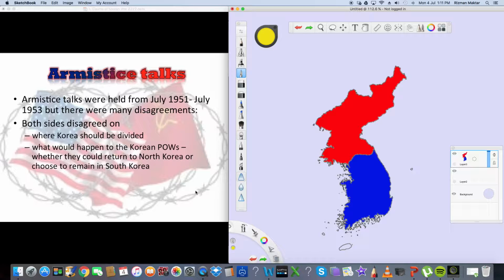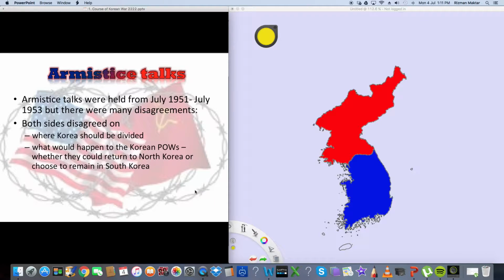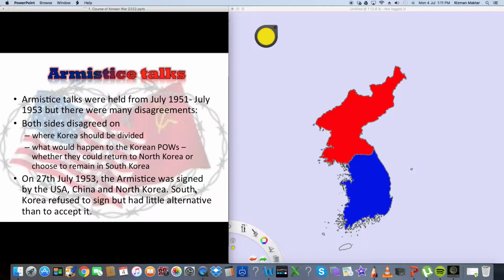However, they were being pressured by the USA. South Korea initially did not want to sign the armistice, but without USA support, they had no choice but to sign the armistice.